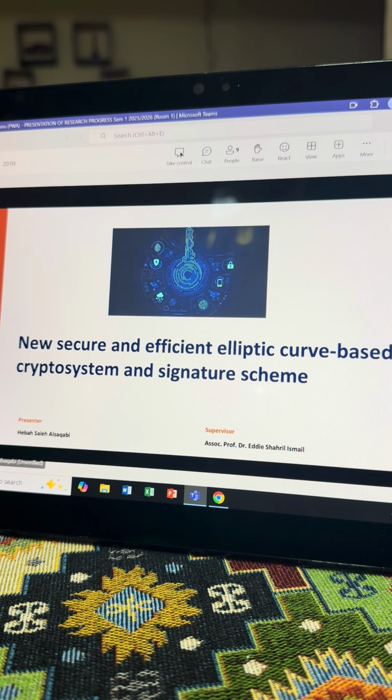In this talk, I will explain the motivation behind my research, outline the problem with existing elliptic curve schemes, and show how my proposed crypto system and signature scheme aim to provide both strong security and high efficiency, especially for constrained environments.